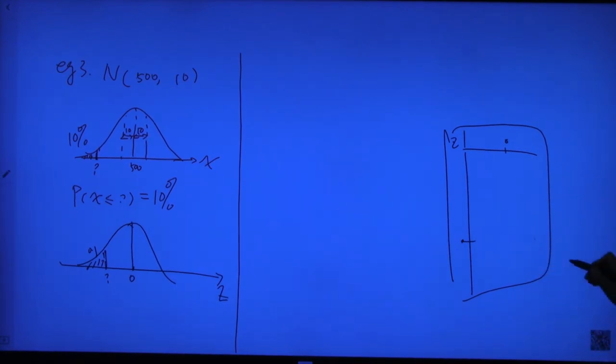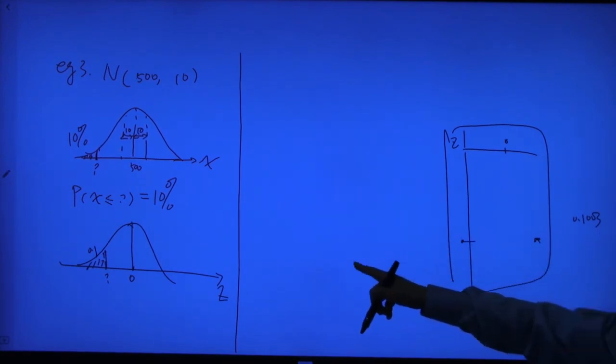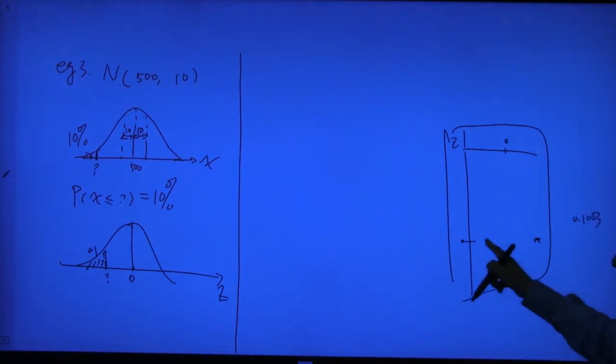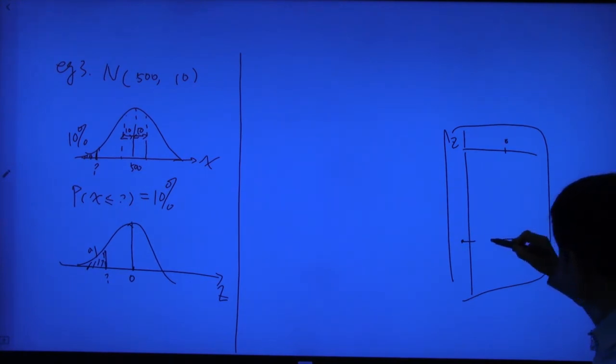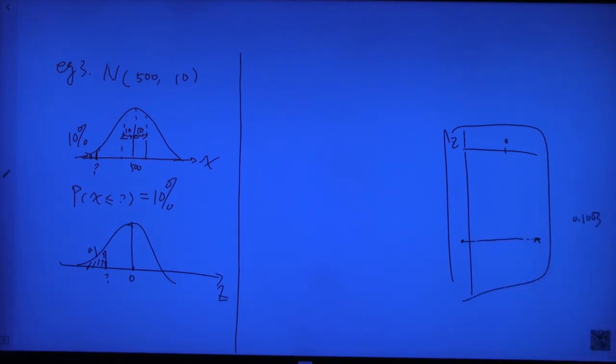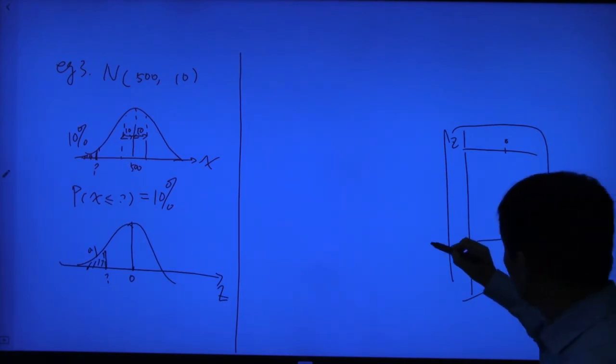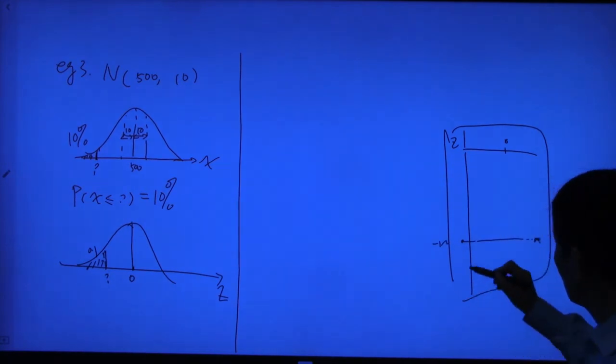This number here equals 0.1003, which is the closest to 10%. I go this way and find the corresponding number here, which is negative 1.2.